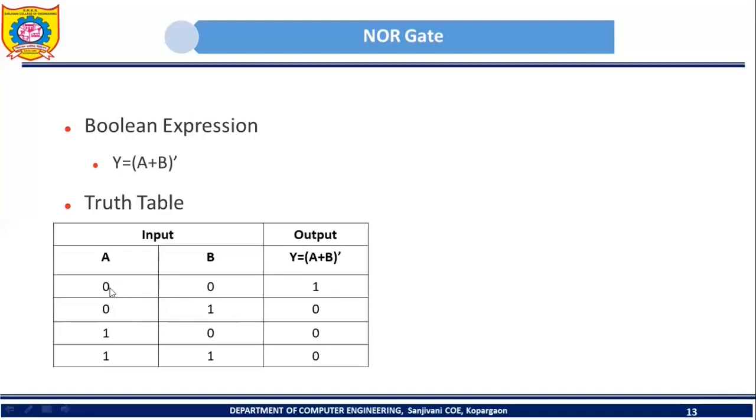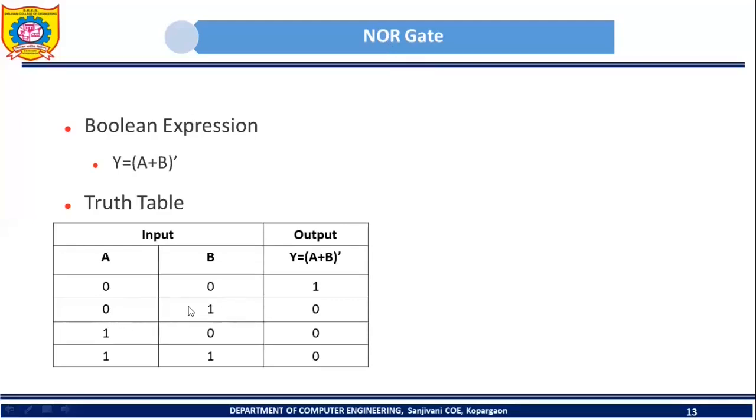First of all, you have to perform OR operation between 0, 0. OR operation between 0, 0 will generate result 0. Then take complement of 0. It is 1. So write that 1 here. Why are we taking complement? Because I already told you that NOR gate is equivalent to OR gate followed by inverter.